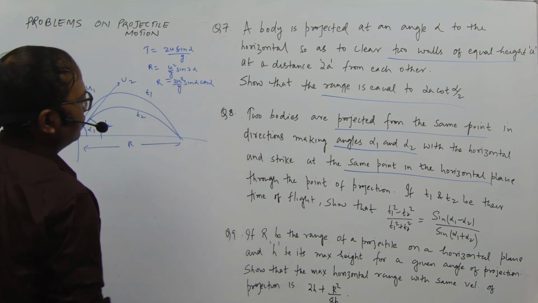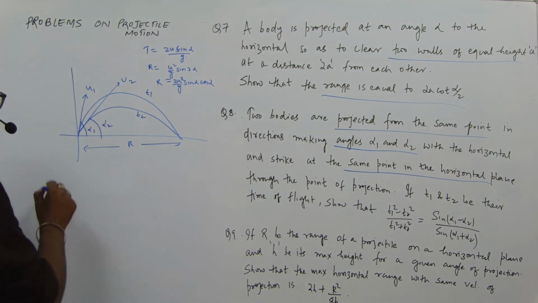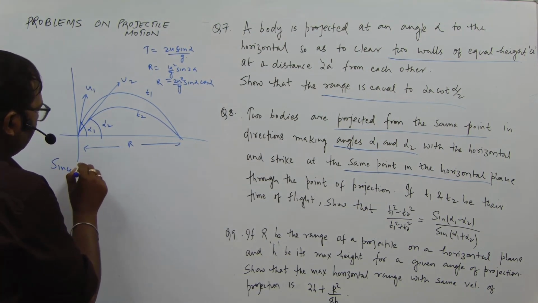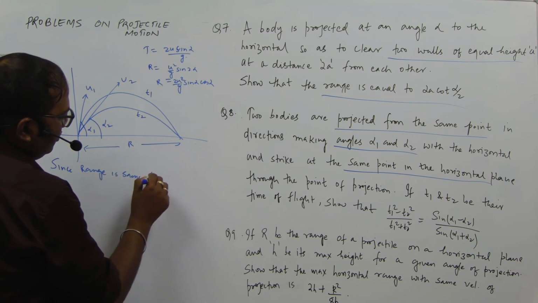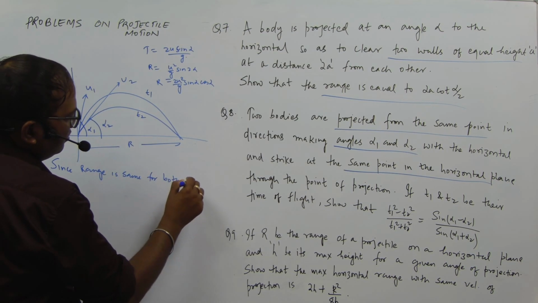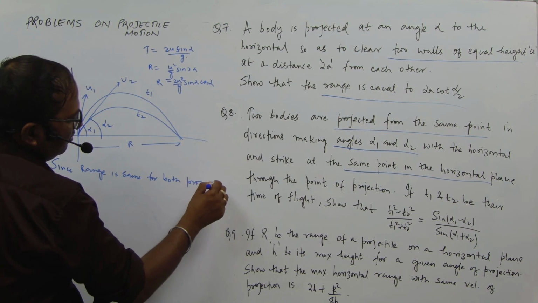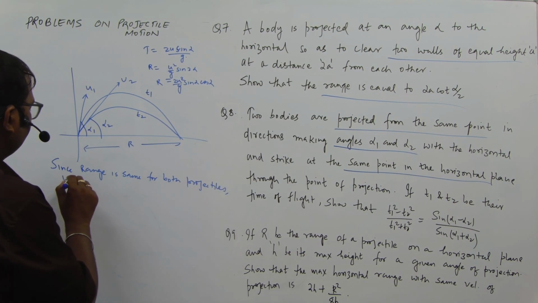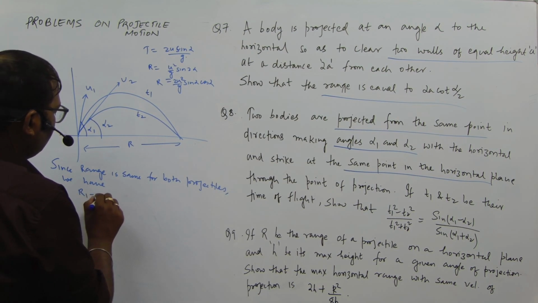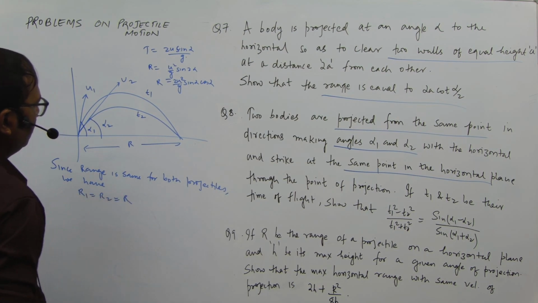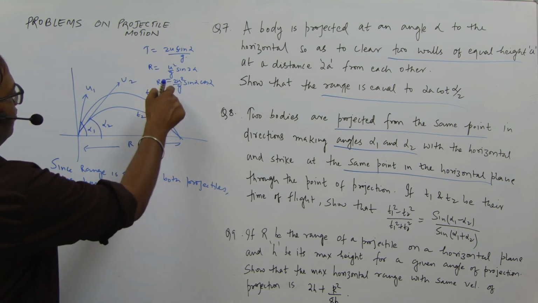Since the range is same for both projectiles, we have R1 is equal to R2 is equal to R. So let us calculate R1.